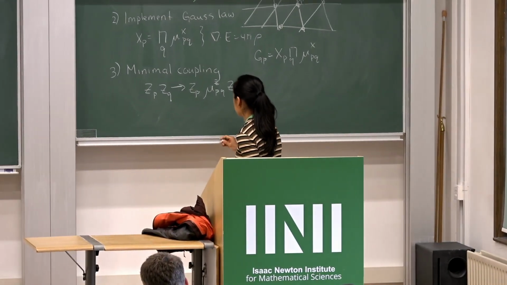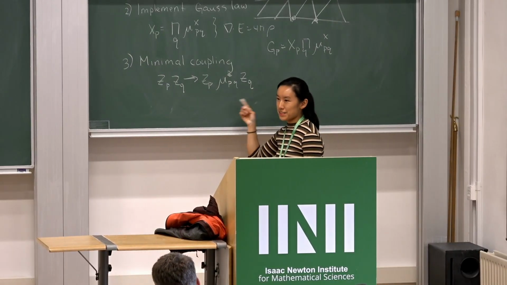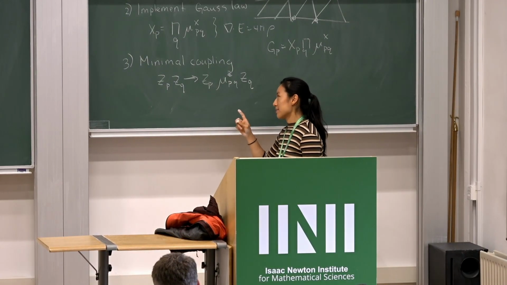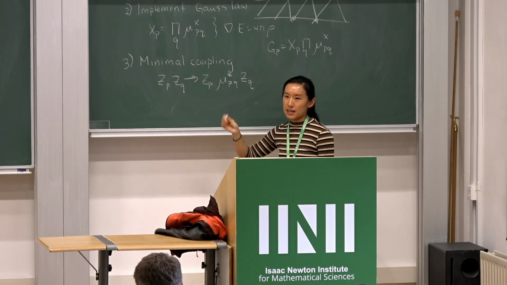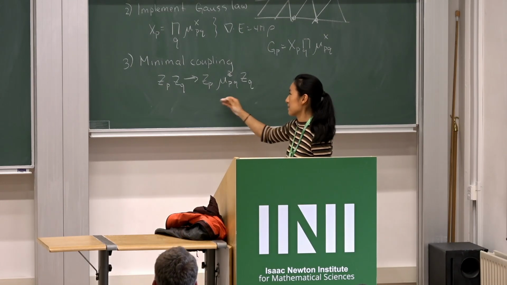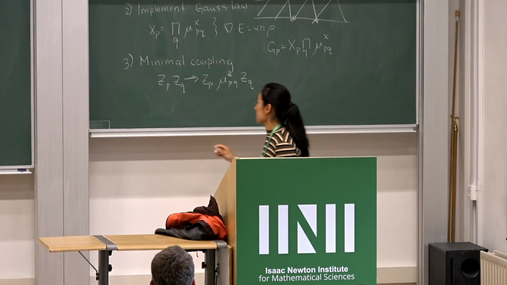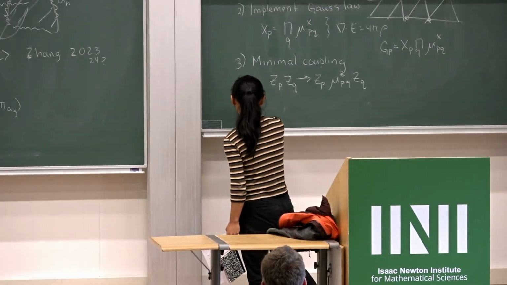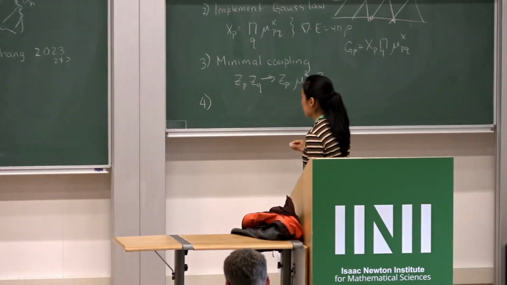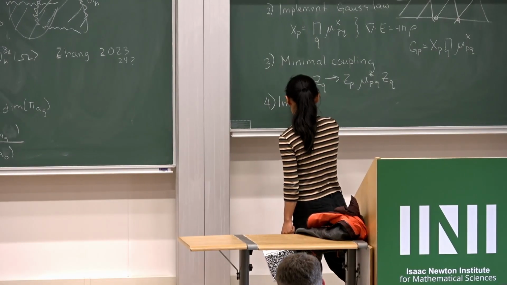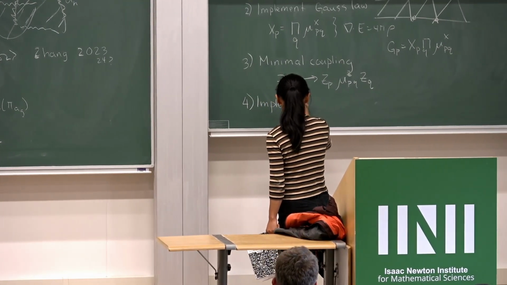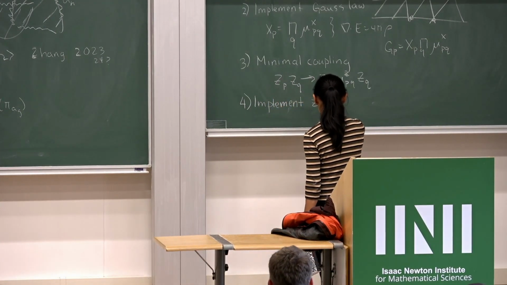I should mention that when you have Z2 gauge fields, the minimal coupling procedure isn't entirely unambiguous, but we'll sweep that under the rug. There's ways to make it more unambiguous. Okay, and then the fourth step is to implement zero gauge flux.